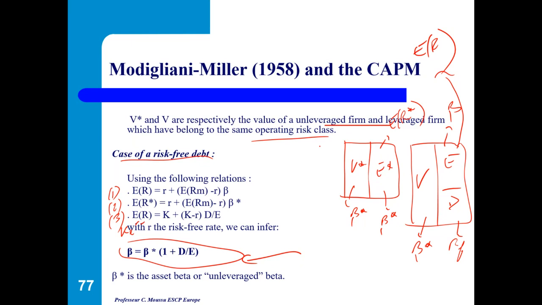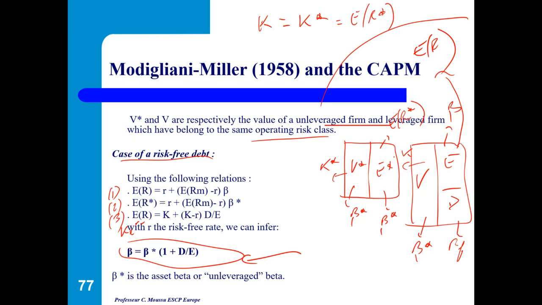Now, as you are in a case with no taxation, what we know is K is equal to K star, the cost of capital of the unleveraged firm. This is the unleveraged firm, this is the leveraged firm. The cost of capital of both companies is the same, and the cost of capital of the unleveraged firm is equal to the expected return of the shareholders of the firm, because there is no leverage.